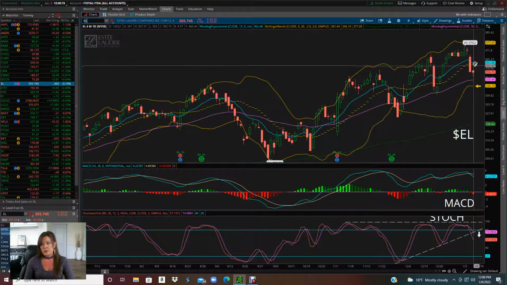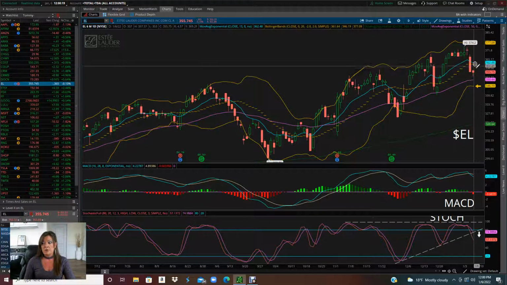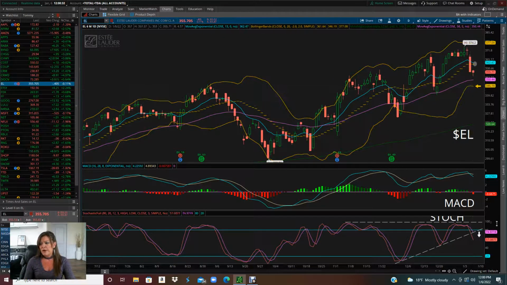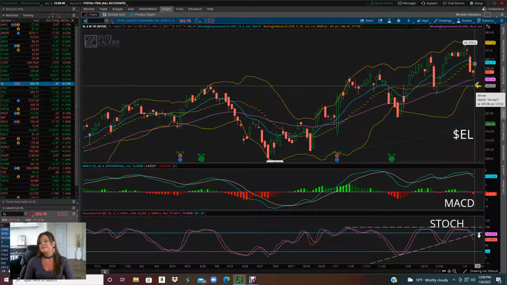Estee Lauder is also showing a possible bearish cross here, the 13 EMA bearish cross in mid Bollinger Band. Today's red hammer kind of helps avert it. Tomorrow would have to be green to really avert it. But I just wanted to show you how the lower Bollinger Band's flat, so Estee Lauder's trapdoor is not open. That's still supporting it.